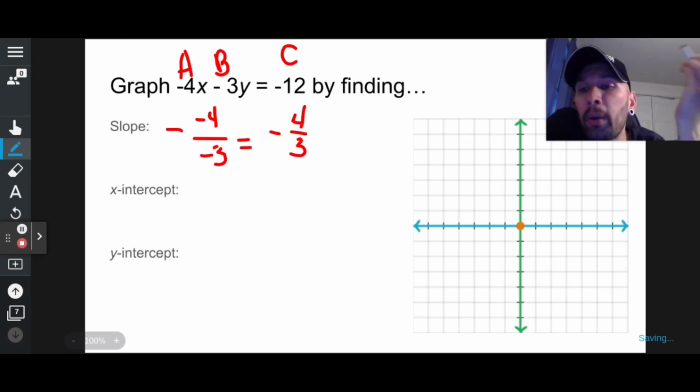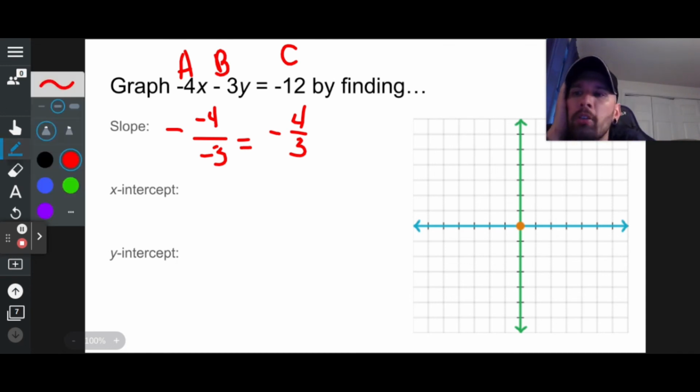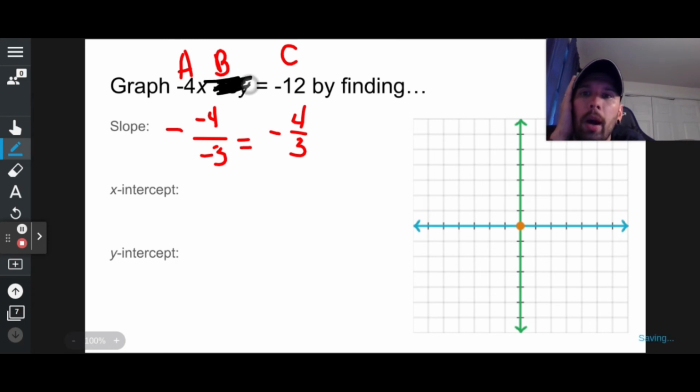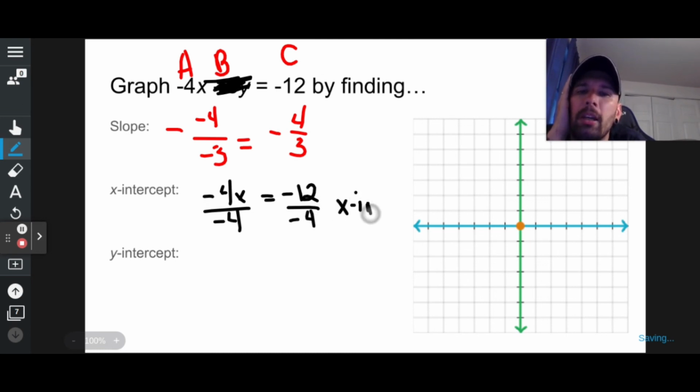Just because I don't have a ton of space, the way I find my x-intercept is I make believe that y is 0, which makes the negative 3y go away. So I'm finding the x-intercept. I'm making that part go away, which means I have negative 4x equals negative 12. Divide everything by negative 4, and my x-intercept is 3.